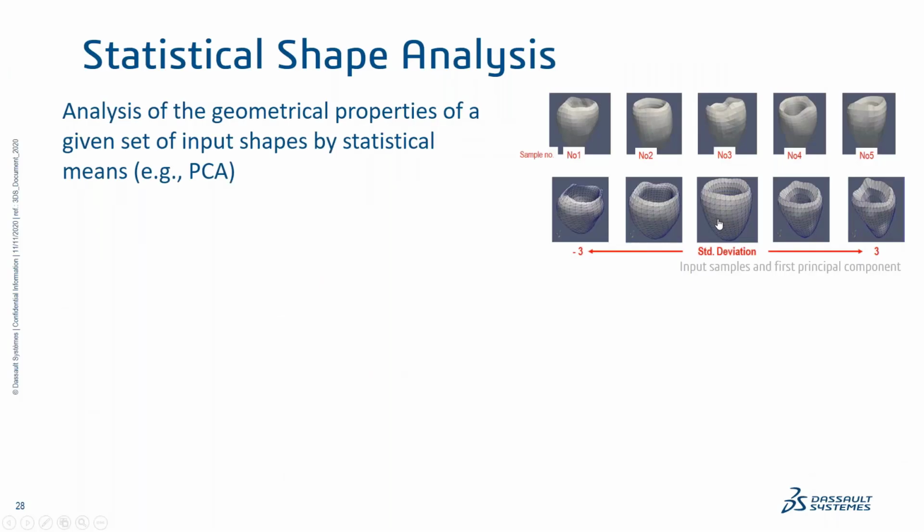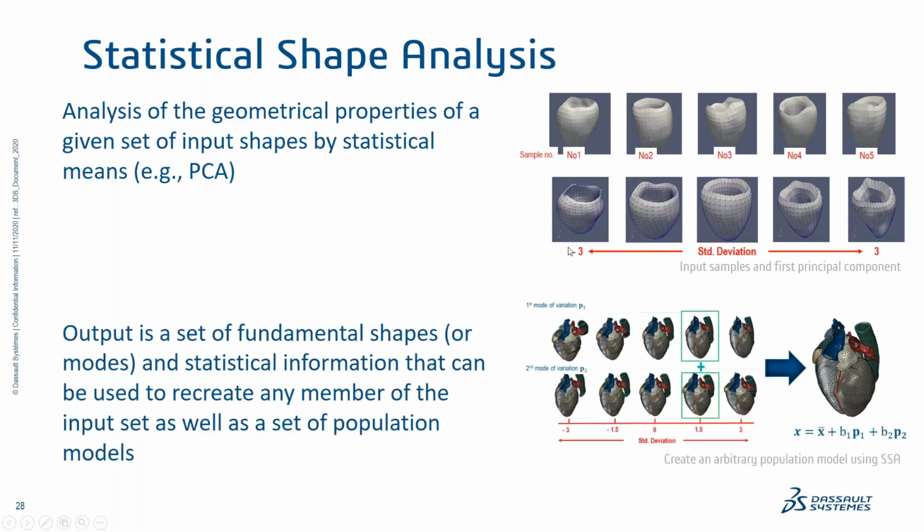So what does this lead us to, right? Because we talked about parameterizing, in this case geometry, but how do we take that a step further? That's really where our next phase comes from, which is statistical shape analysis. How can we start looking at parameterizing this model, simplifying the amount of fundamental shapes available to us, right?